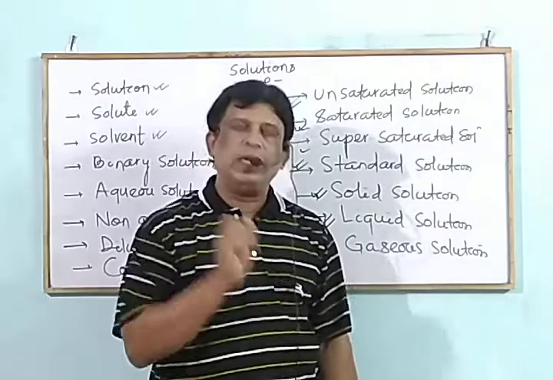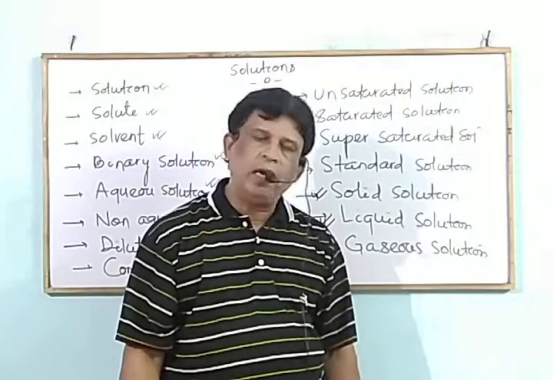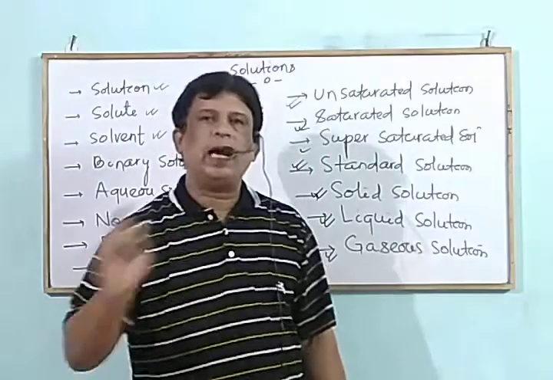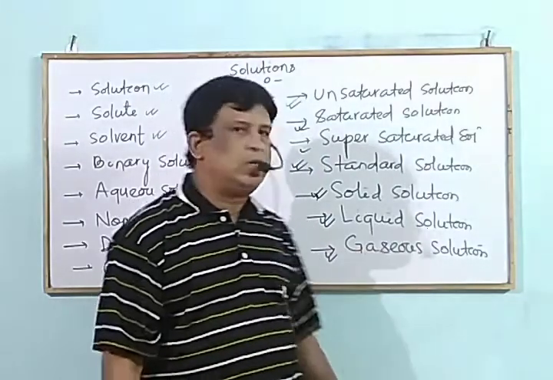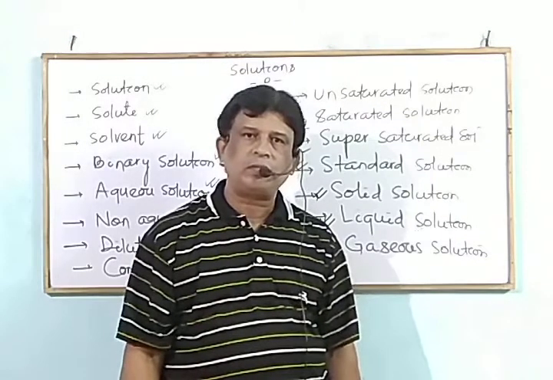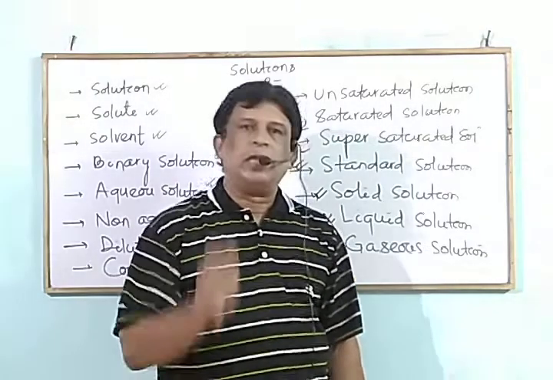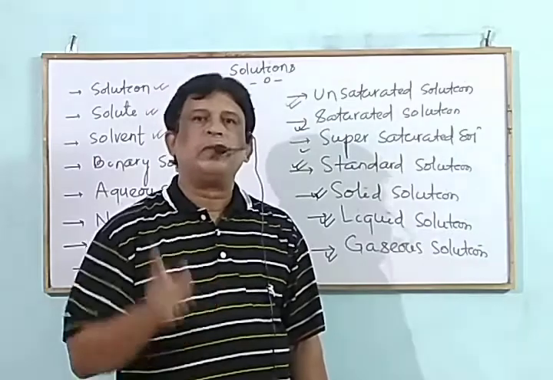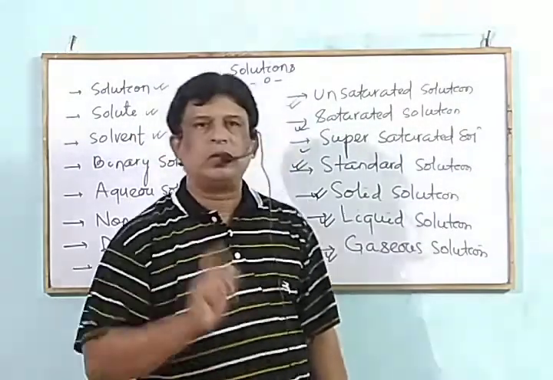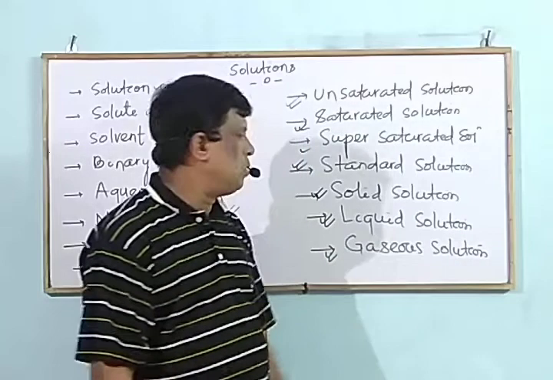A solution in which the solvent is liquid, while the solute may be solid, liquid or gas, is known as a liquid solution. Examples: a mixture of oxygen with water, ethyl alcohol with water, glucose with water.